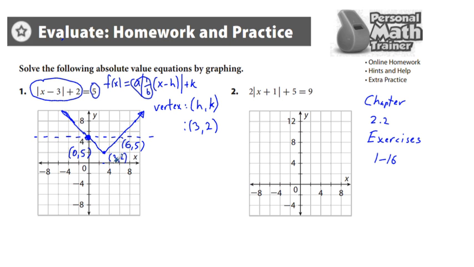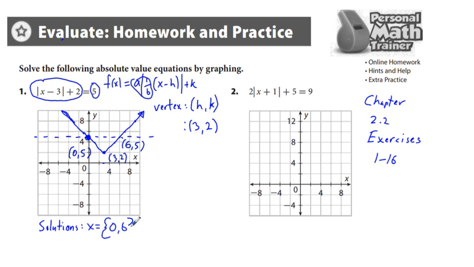So according to this, our solutions will be x equals, and I'm just going to put this in set notation, 0 comma 6.